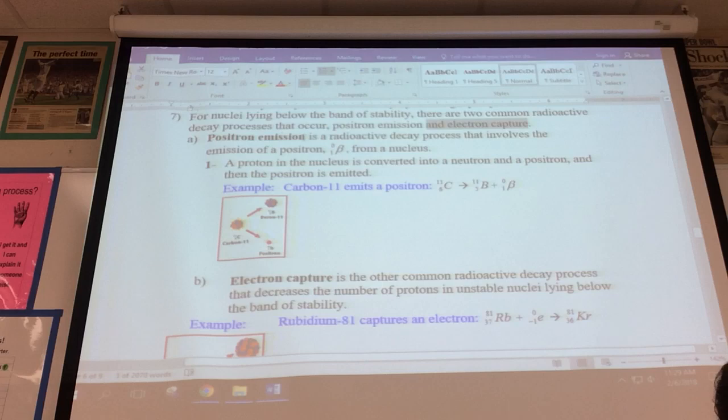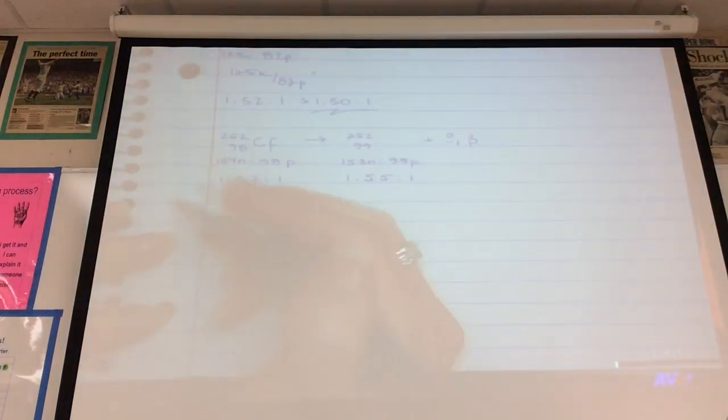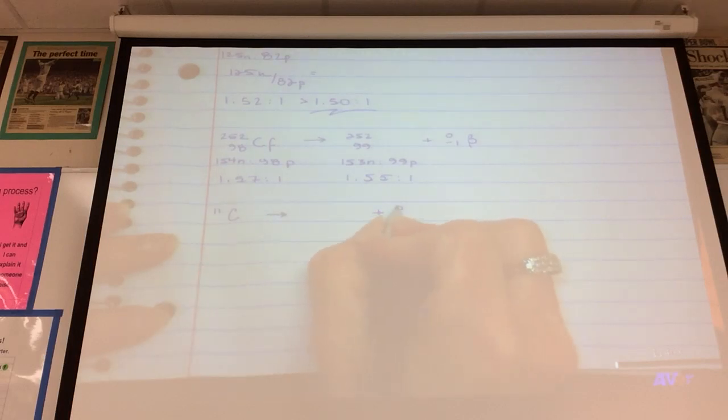With positron emission, this is going to look just like a beta particle, but you have a +1 here as opposed to a -1. For example, it says carbon 11 emits a positron, and you have it there, but I'll show you how that's derived. You've got carbon 11. You're going to emit a positron.